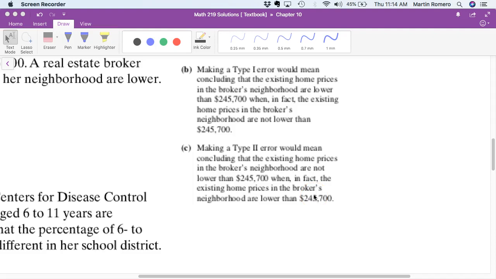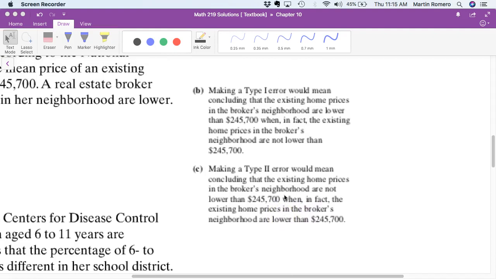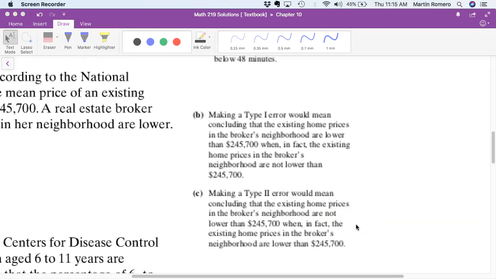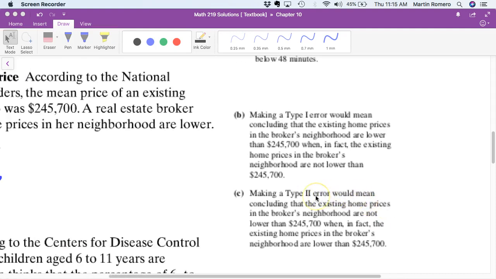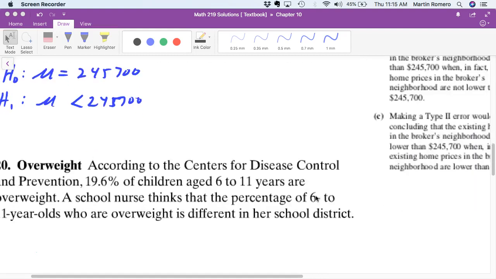So type 2 would mean that we conclude that the prices are not lower when in fact they are lower. And again, that analogy has to do with saying somebody is not guilty when in fact they are guilty, or saying someone is guilty when they're not guilty. And so those are type 1, type 2 errors.